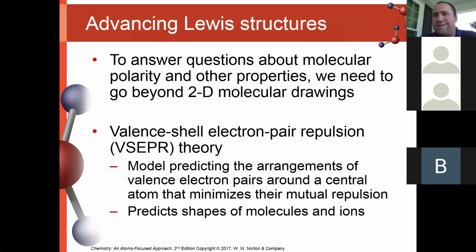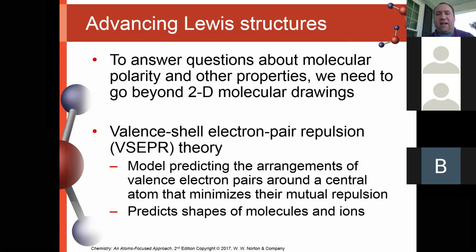VSEPR theory, the valence shell electron pair repulsion theory. What VSEPR theory says is that the electrons in those molecules are going to repel each other. And in doing so, they are going to push on each other to get as far apart from each other as possible.